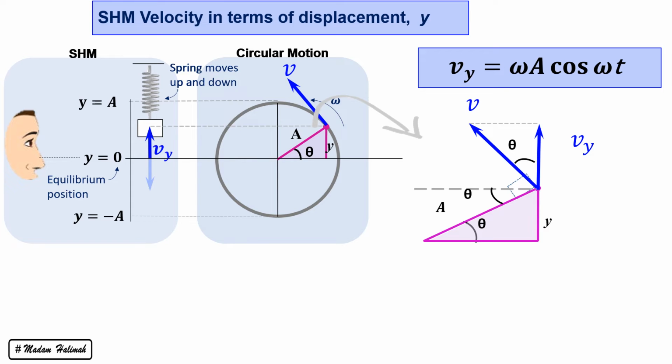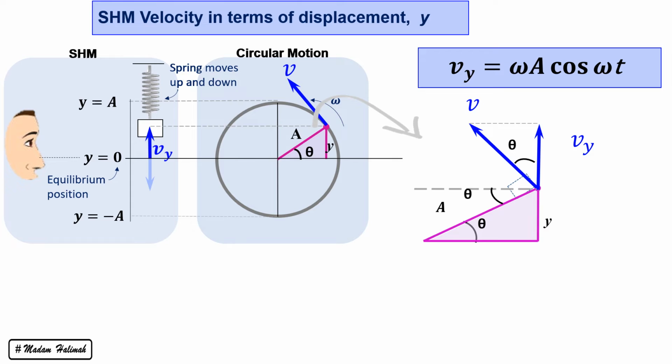Let's consider simple harmonic motion, velocity in terms of displacement y. Before, velocity in terms of time t. Now in terms of displacement y. Let's consider diagrams for simple harmonic motion and circular motion.